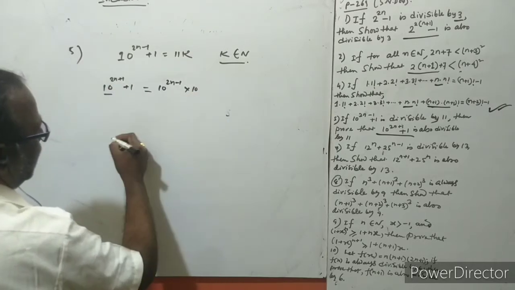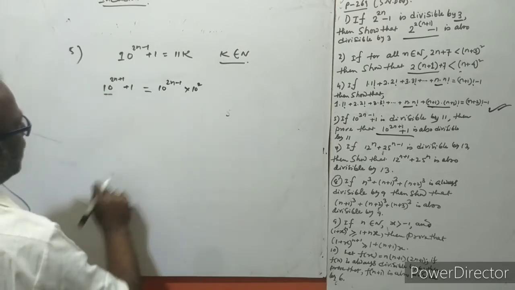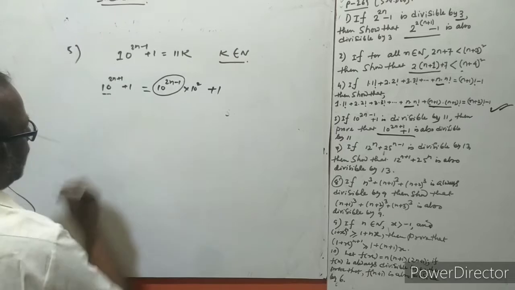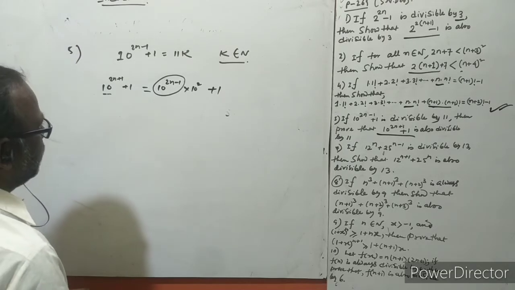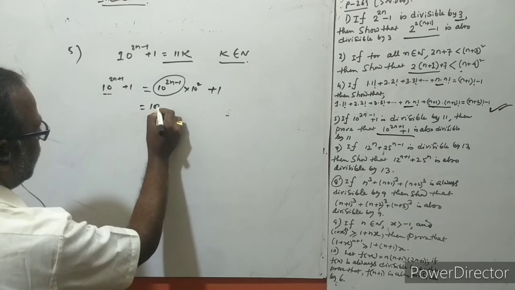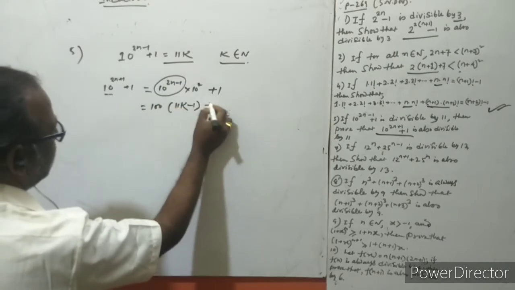We multiply with 10 squared. Then, in this part, 10 to the power 2n minus 1 equals 11k minus 1. This is 100 times (11k minus 1), plus 1.